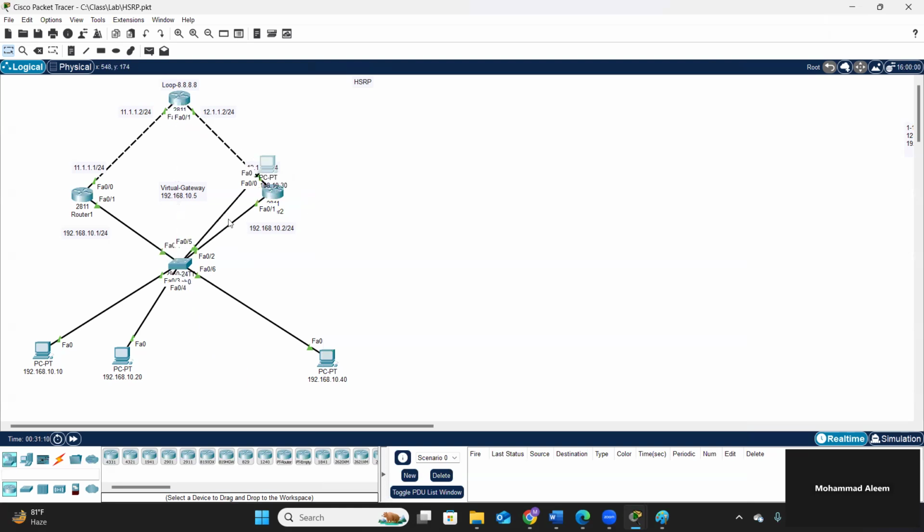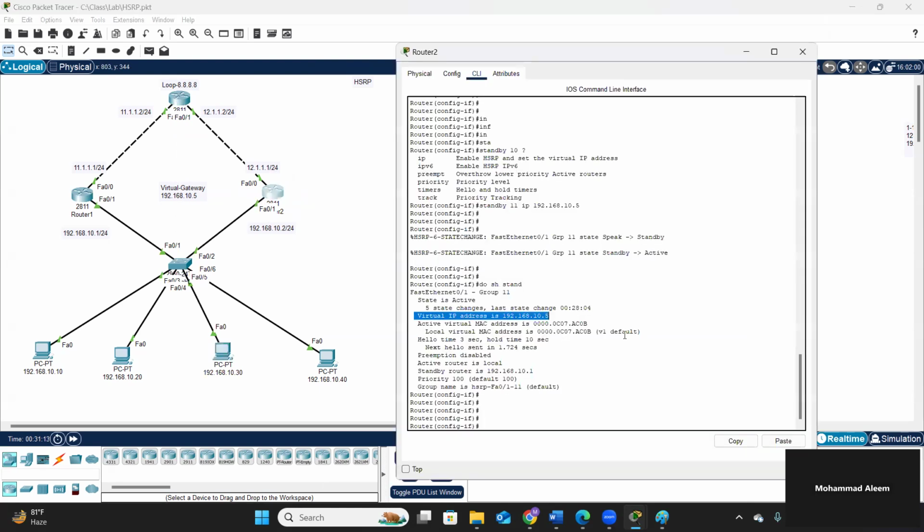We are moving our packets like this. If I shut down this interface, what will happen? Will this router become active or not? You can assume. If I shut down this interface, will this router become active or not?